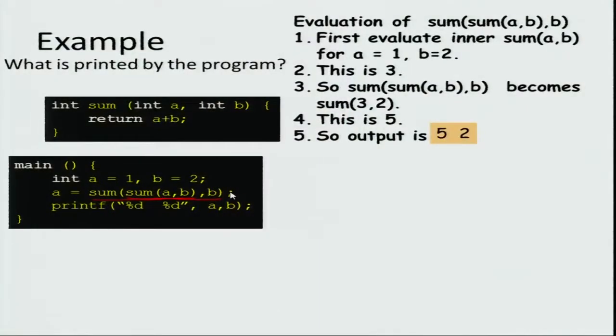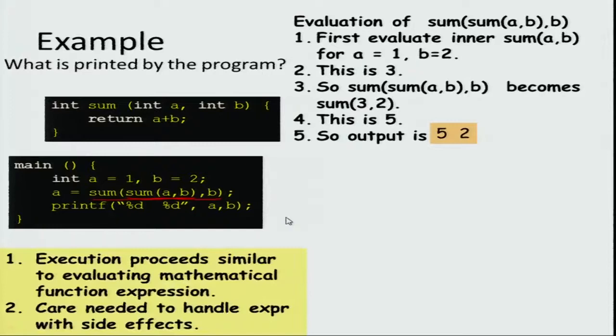Then you add b again to it, b is 2. So, you have 5 as the total sum. The complete output is that a will be assigned 5 and b is still 2. This is similar to evaluating a normal mathematical expression.